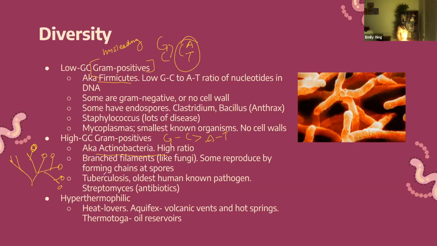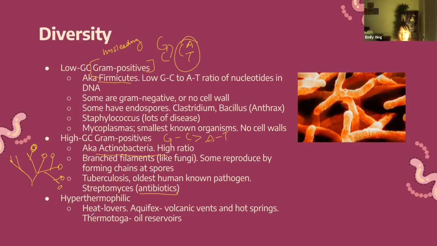Some other examples are bacteria that cause tuberculosis. The oldest known human pathogen falls in this group. Also Streptomyces, which are a huge group of antibiotics, is what Actinobacteria are used for.